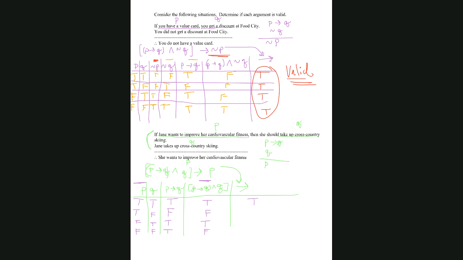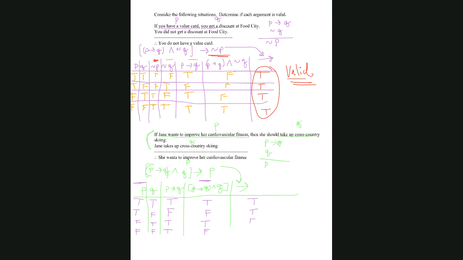Okay, so I have a true statement. If T, then T, that means T. True. If false, then true, that's also true, right? If true, then false, that's the one that's false.